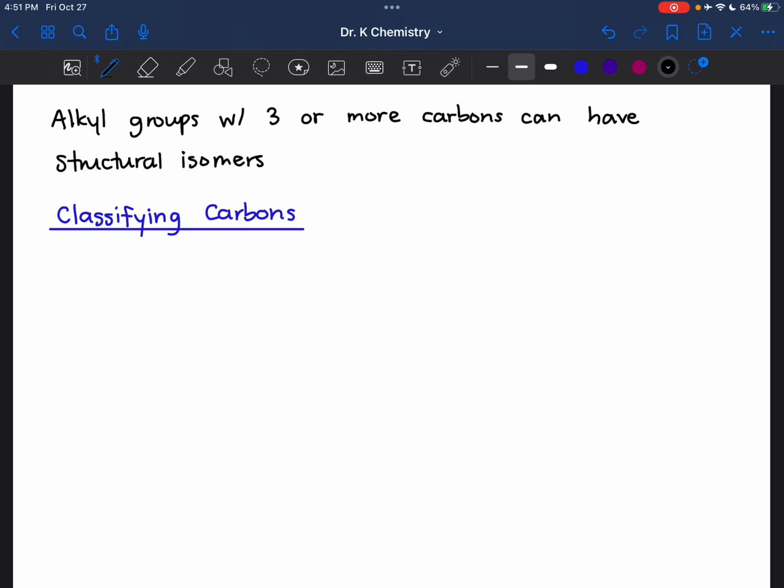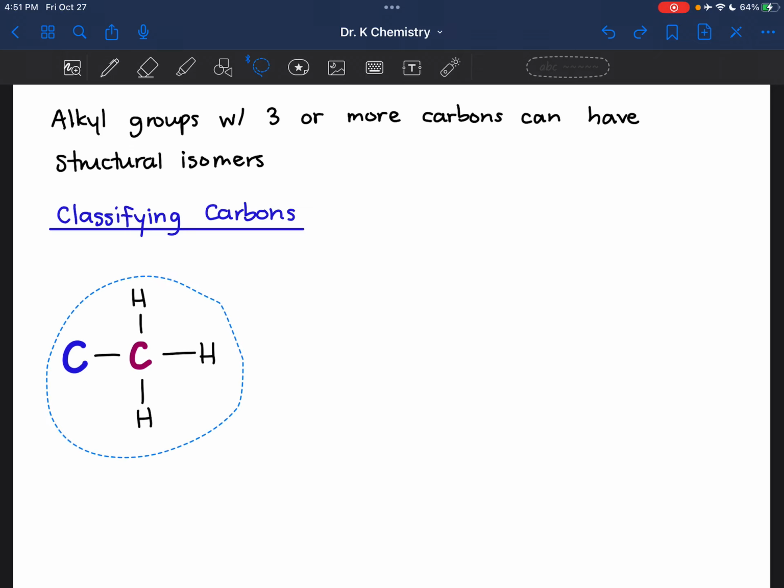So we can classify carbons based on how many other carbons they are connected to. So I'm going to focus in on this carbon right here, the one in the middle, in pink.